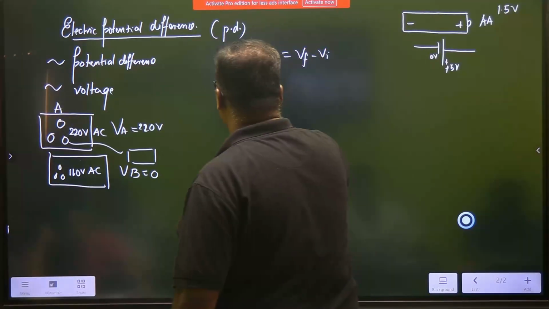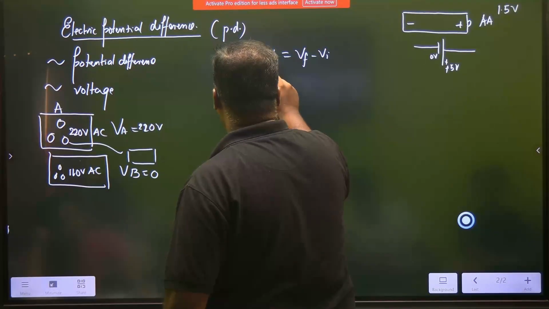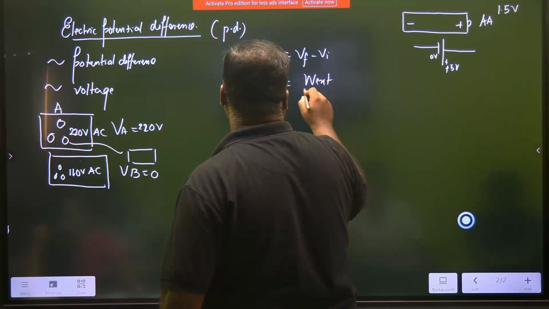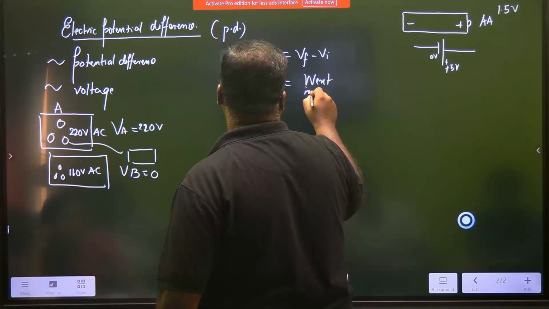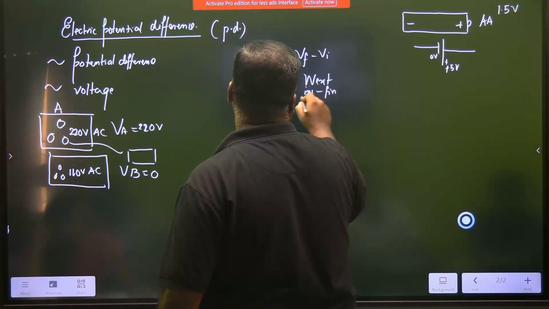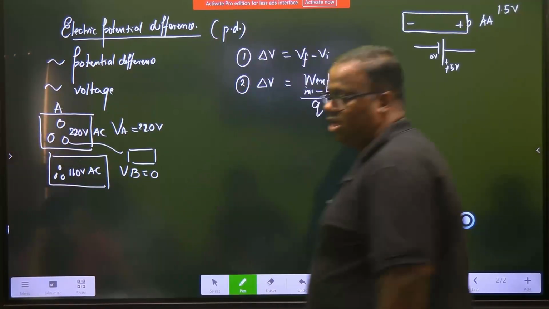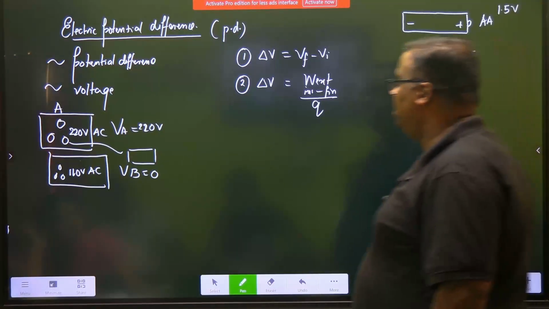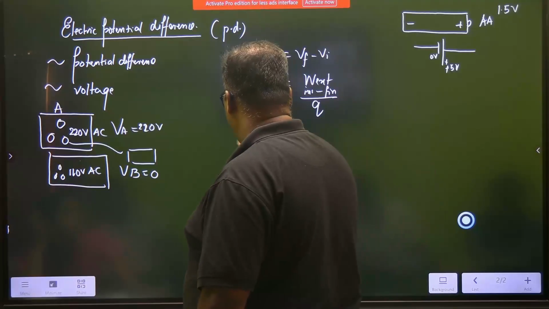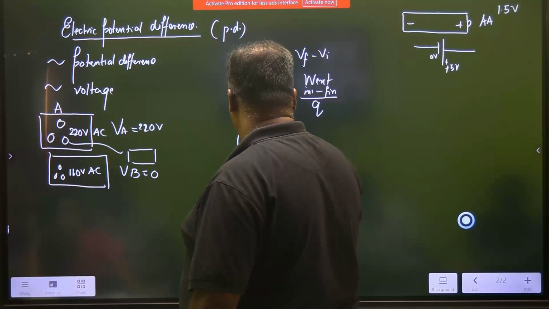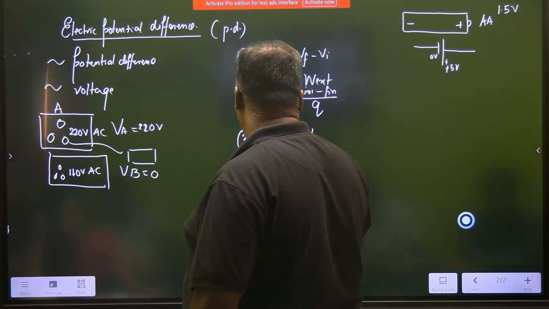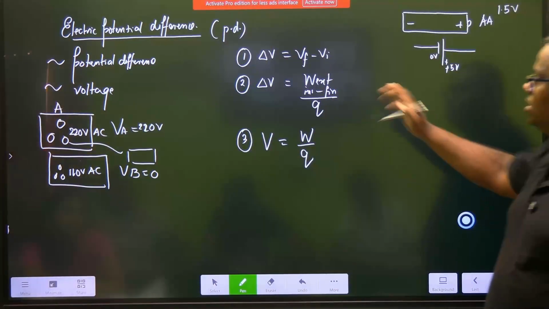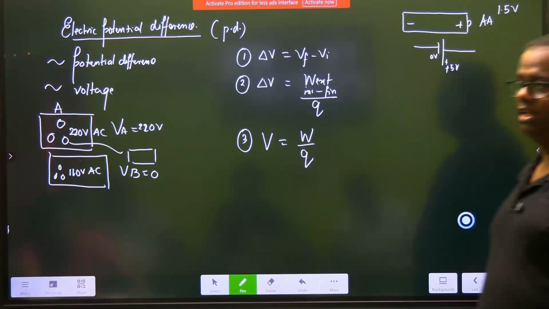The next thing that we should also know, potential difference is always equal to external work done in bringing a charge from initial to final divided by the value of the charge. This is another formula that we know. A generalistic formula that might come up from here is that the voltage is always given by the work done divided by the charge. These are the same things. So these are the first three things that you should have in your kitty. Okay?